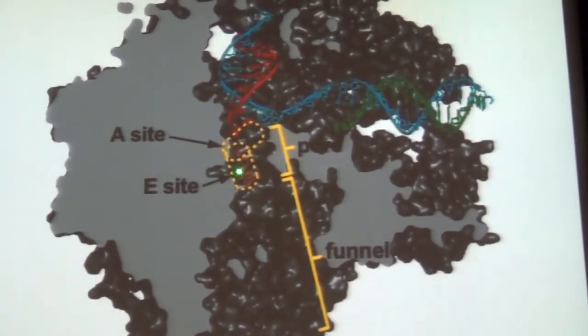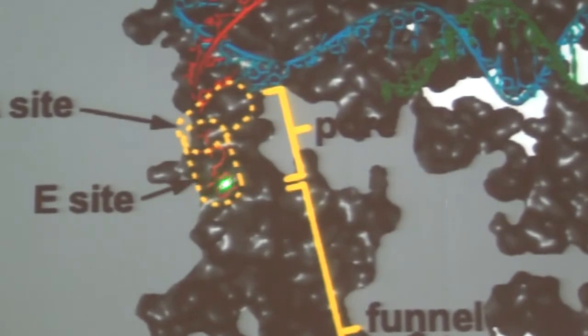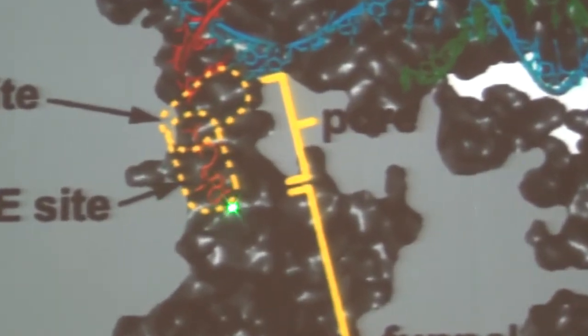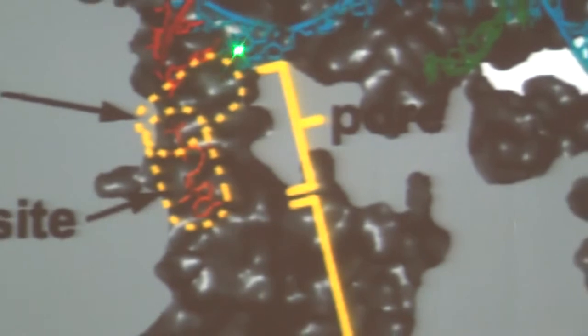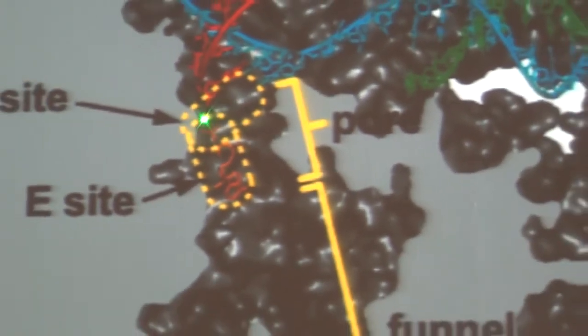All four nucleoside triphosphates, A, U, G, and C, will bind with equal affinity to the entry site. Only the one of the four that is correctly matched to the coding base in the DNA will rotate into the so-called A or addition site.